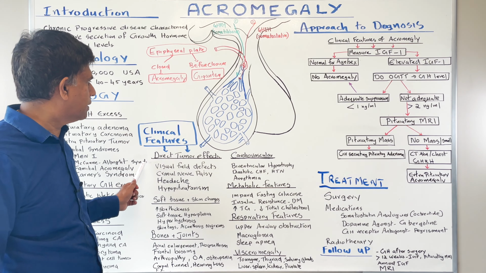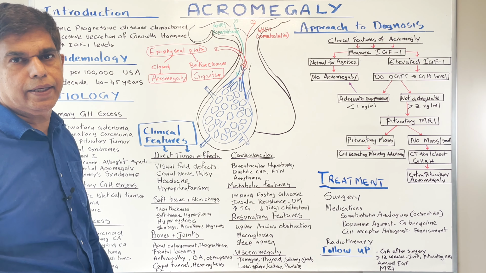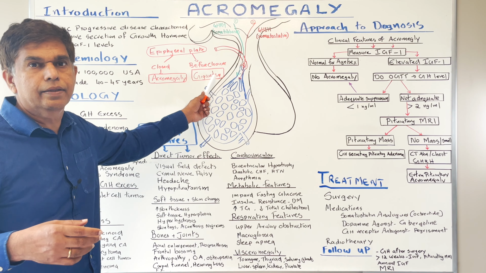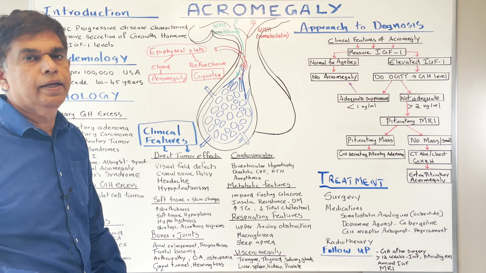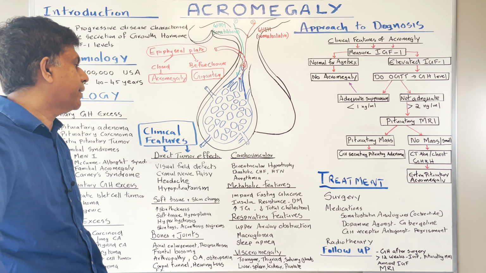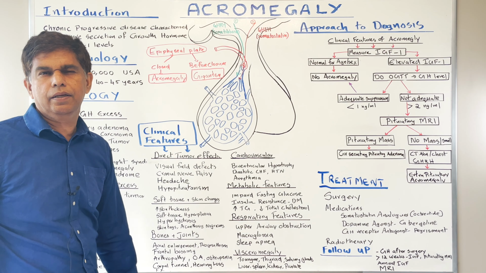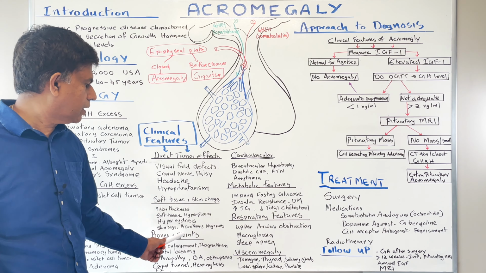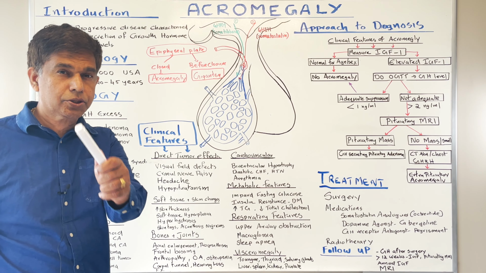And then we talk about the clinical features. The most important thing is the direct tumor effect. You got the optic chiasm sitting right here, which can be compressed by the tumor, causing visual field defect, cranial nerve defect, and headache is very common in any of these people with a pituitary problem, hypopituitarism. In soft tissue, we talk about skin tags and acanthosis nigricans, don't forget it.